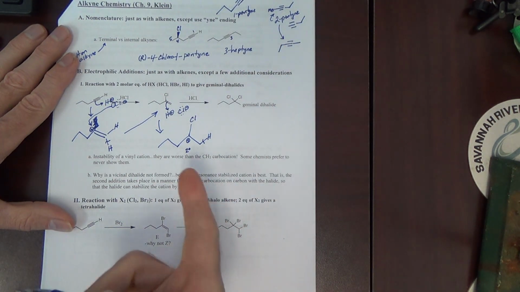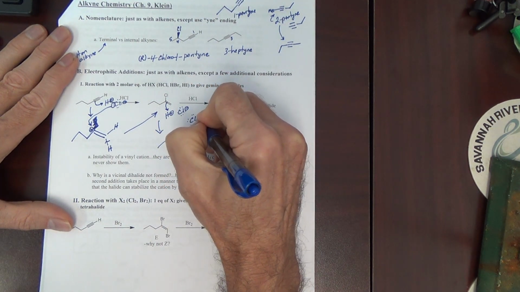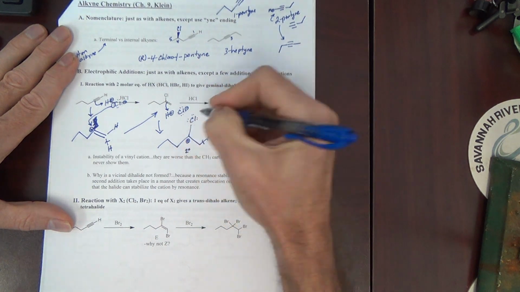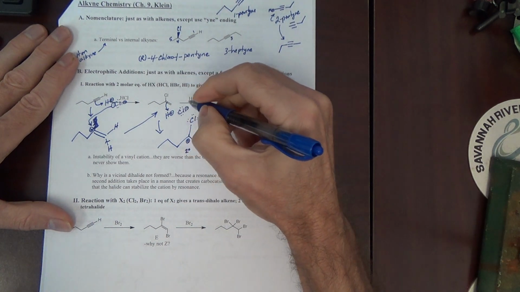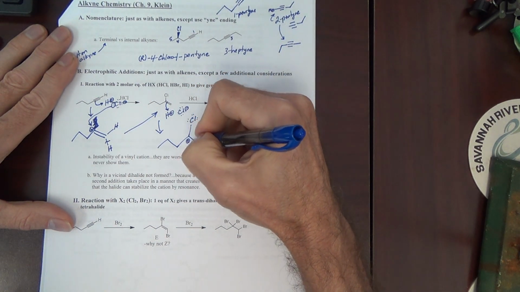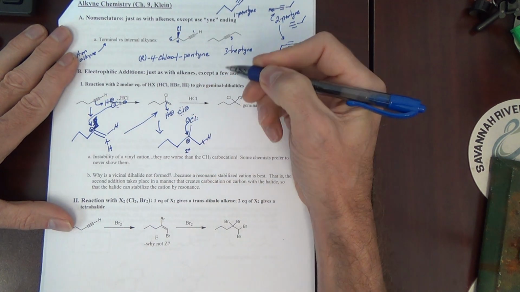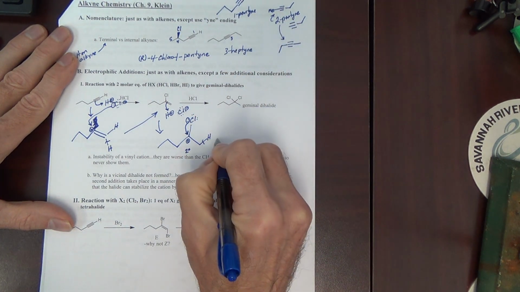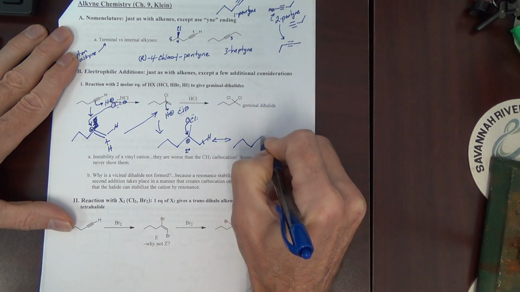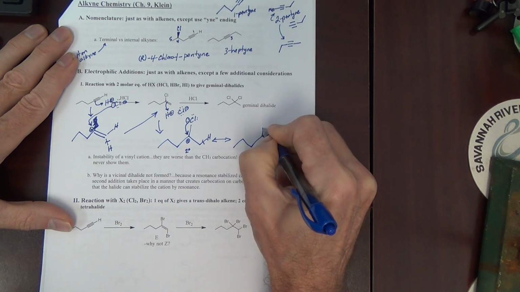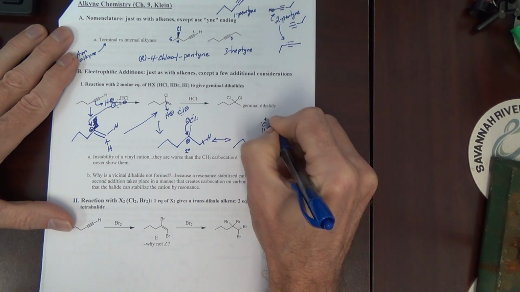But there's a more important reason of why we made this cation, and that is resonance. The existing atom here has a lone pair. And that lone pair can stabilize this cation, and these electrons, we can have them move in here. And this is actually a resonance structure. Double bond, Cl, two lone pairs. Now the chlorine is positive.